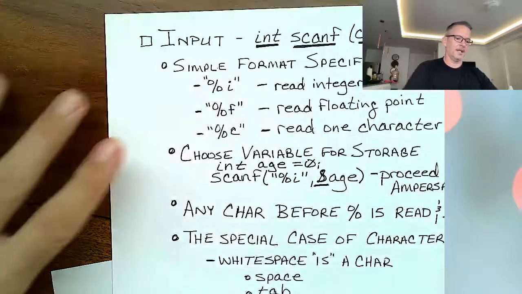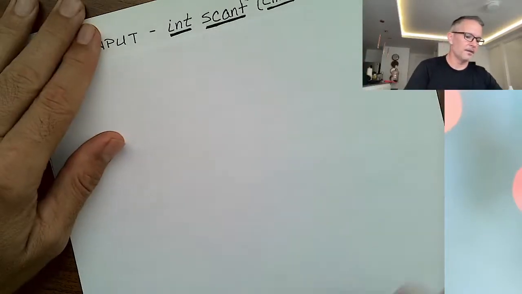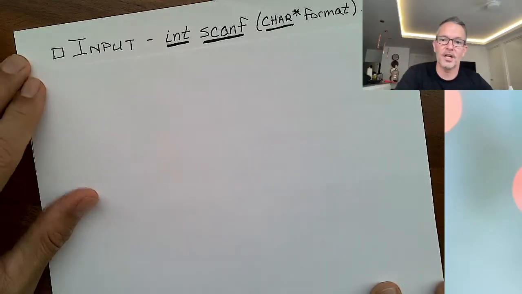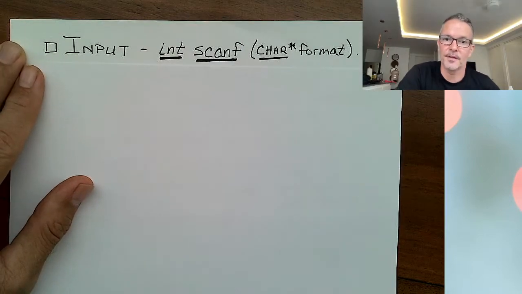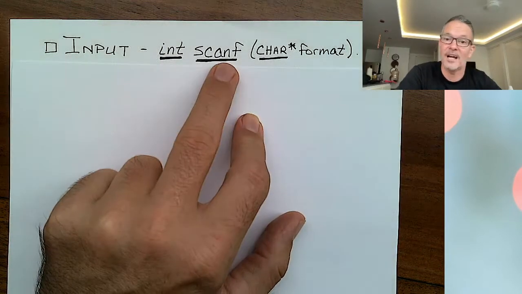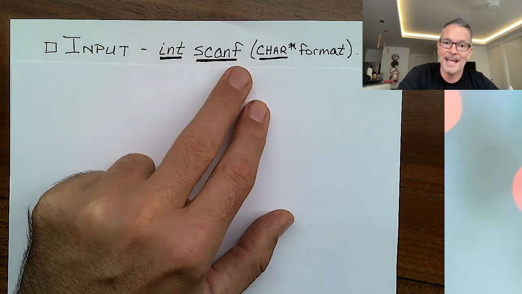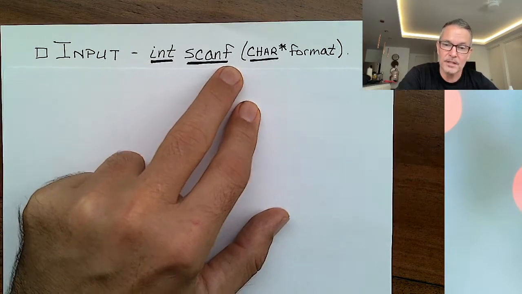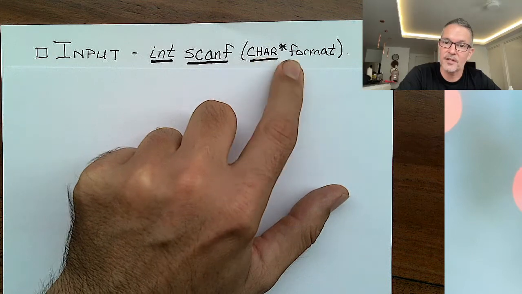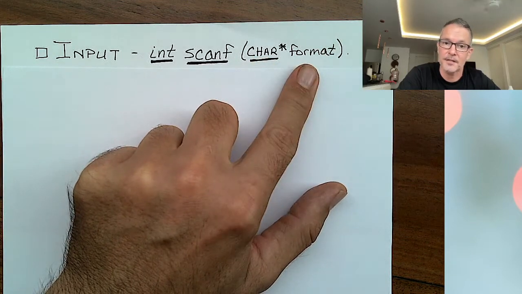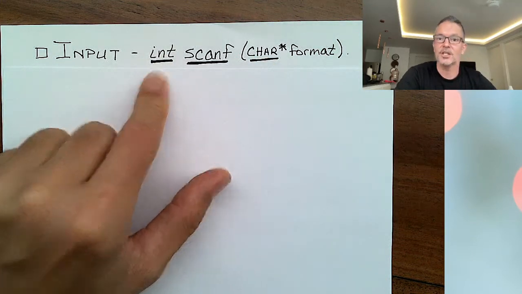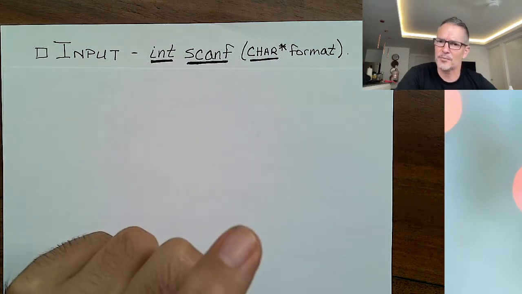All right, let's move on to the second function of the standard I/O library that's really important, and it's going to allow us to do input. This is the scanf function. Similarly, it receives a string of characters as a format string, and it returns an integer, which I don't think I mentioned for printf.